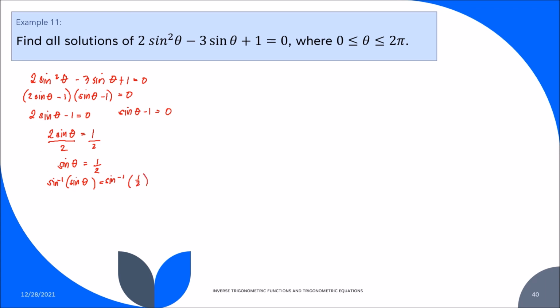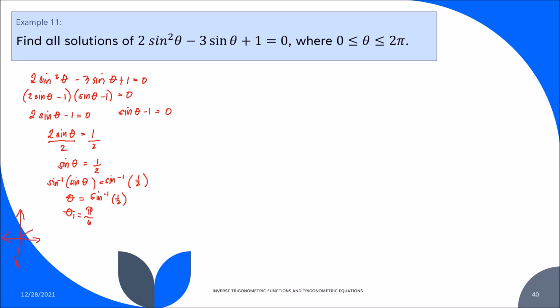Applying the inverse property, we have theta equals sine inverse of 1/2. We think of the angle having a sine ratio of 1/2. Using our hand trick, that is pi over 6. Now pi over 6 is on the first quadrant.